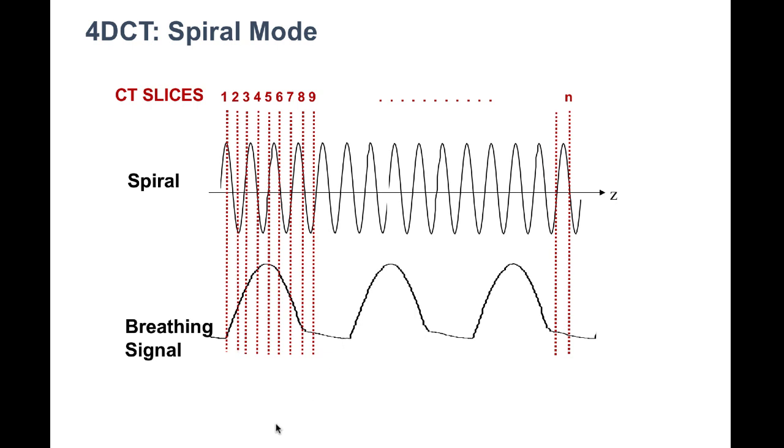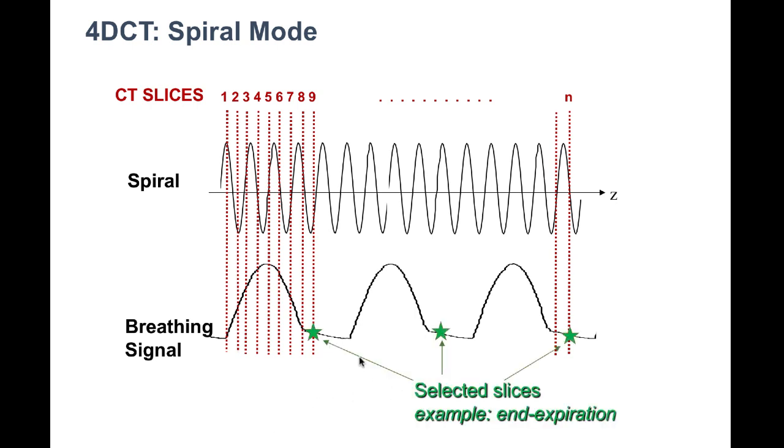So you can select whatever phase you want. Let's say we want to make a reconstruction here, everything at this breathing phase, just as you're going into the end of expiration. You select all those slices that correspond to that phase, assemble them, and that's one phase of the 4D CT scan. So it's simple in concept.